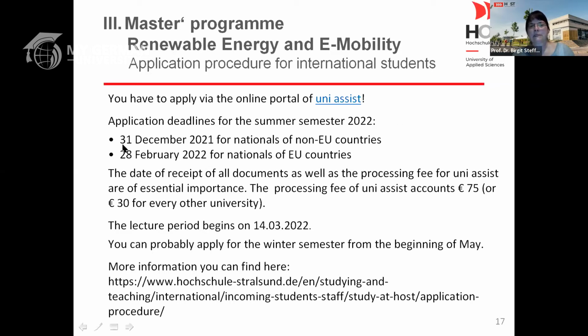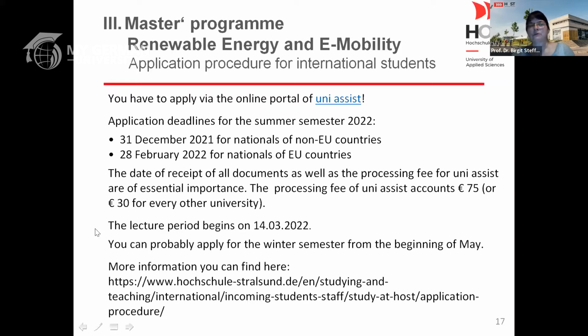The deadline is December 31 of this year for all international students of non-EU countries, and February 28 of the next year for all nationals of EU countries.